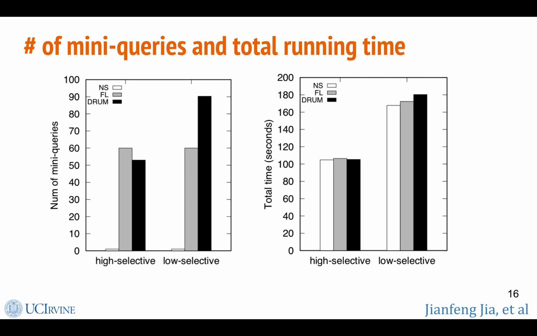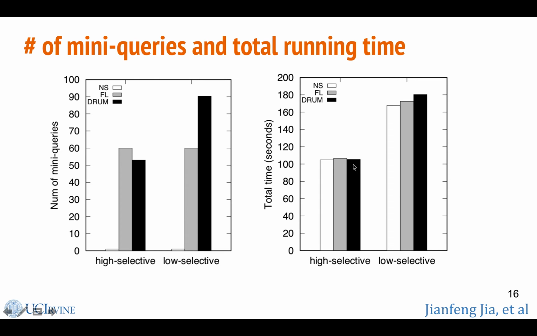In terms of the number of mini queries, non-slicing issues only one query. The fixed length, no matter how selective the query is, just uses the uniform result size. Drum can adaptively change the number of results sent to the database.